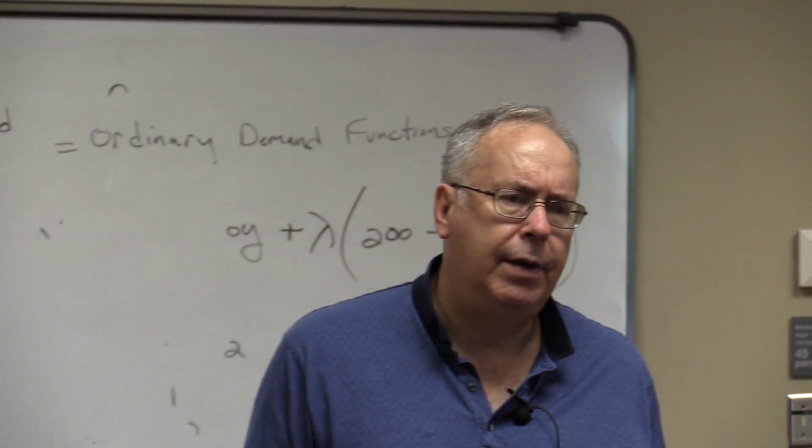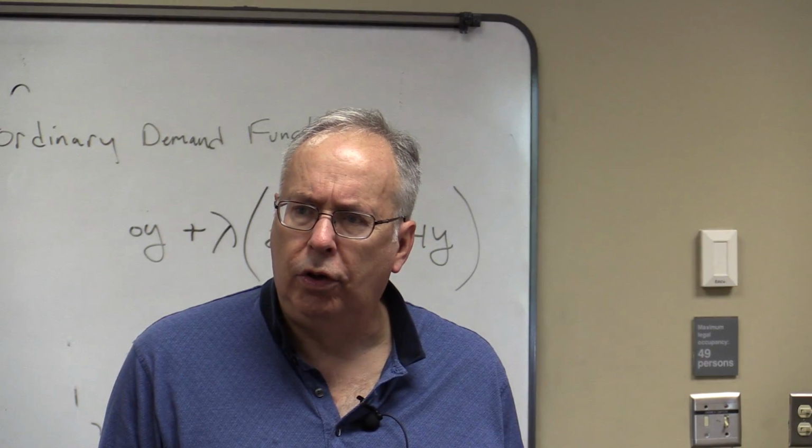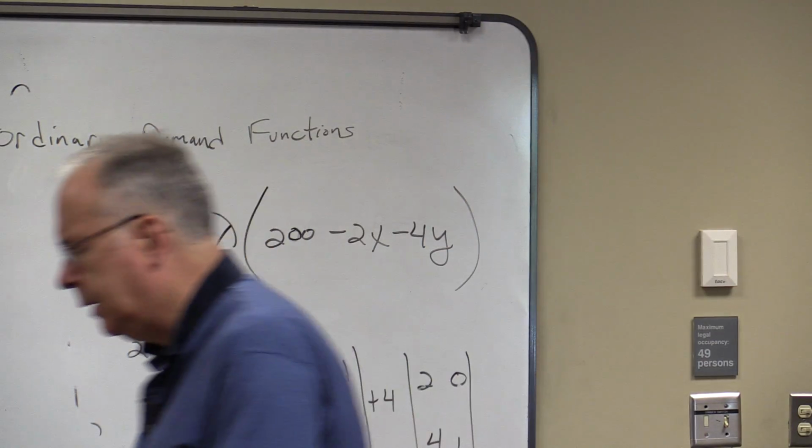Just a few more general points I'd like to make before I let you go. Actually, there was one thing I neglected to do. Did I neglect to show you the second order conditions when I derived the Marshallian demand functions? I think I neglected to show you those for the general case.